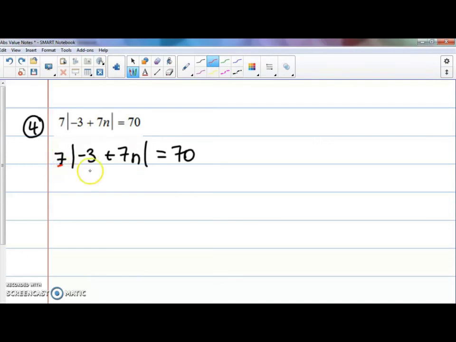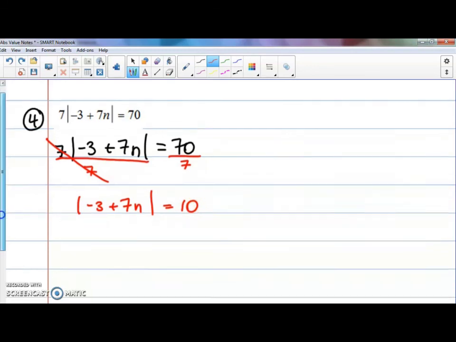If they're side by side, that means they're being multiplied. So to get rid of my 7 times the absolute value bars, I have to divide both sides by 7. The 7's cancel. We end up with the absolute value of negative 3 plus 7n equals, now 70 divided by 7 is 10. This time, because we now equal a positive number, we're good to go, so we can keep solving.